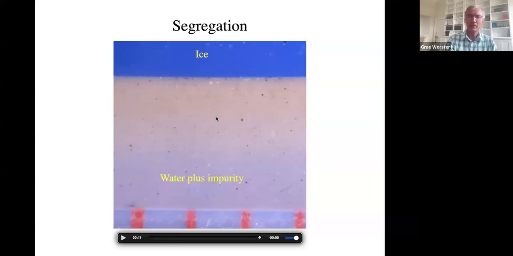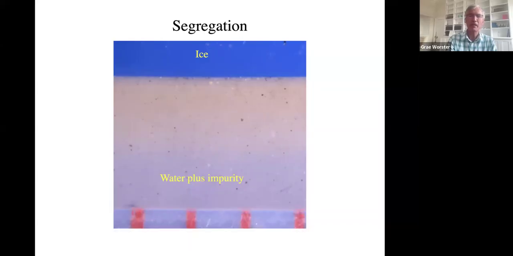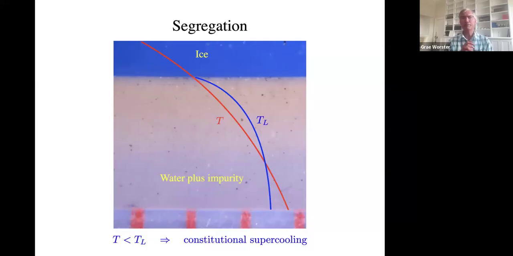Okay. Now, there's a consequence to that, because we've got this layer now of increased salinity. And so the local freezing temperature will be varying through this region because the salinity is varying. And we can plot that up.